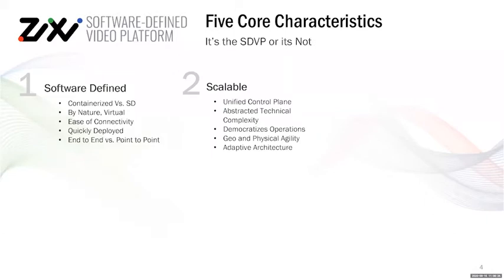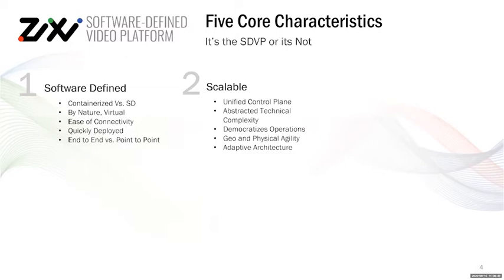Number two, it needs to be scalable. For scalability, you need a unified control plane, because if you don't, you're blind. And if you have complex workflows and you have thousands of streams and you have supply chains that involve multiple partners, you really need to have the eyes and the ears to know exactly what's going on.